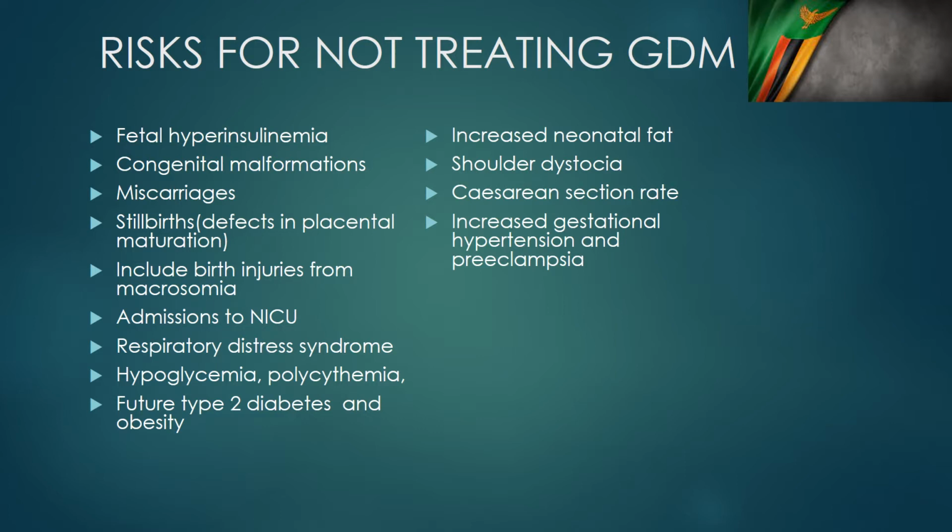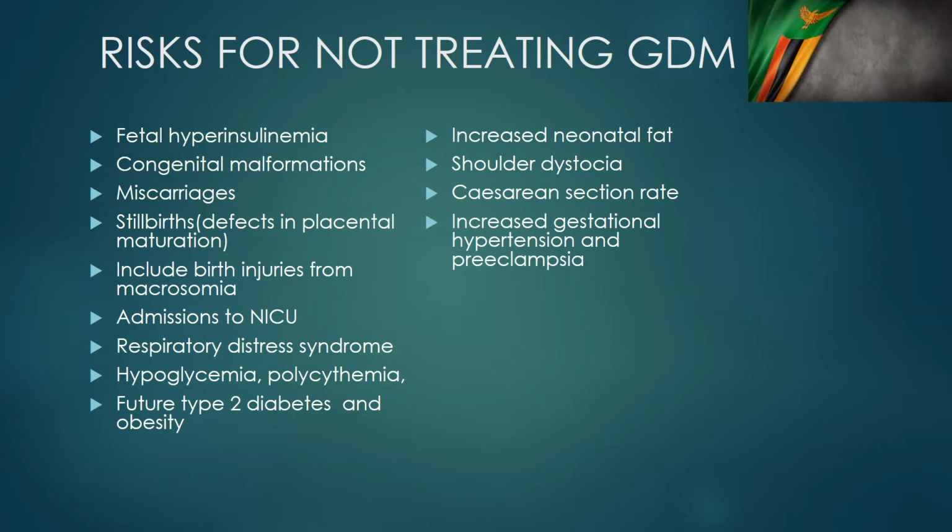there's increased risk of fetal morbidity and mortality. So we have this hyperinsulinemia that can result in several problems, like respiratory distress syndrome, because the type 2 pneumocytes are not able to produce surfactant because of the increased glucose and the hyperinsulinemia. There's increased risk of miscarriages, stillbirths, hypoglycemia in the neonate, polycythemia.